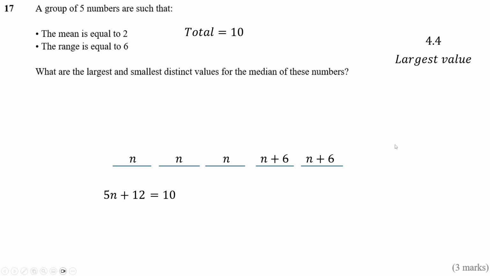And this one can't be n plus 7 or n plus 8 to give it a larger share, therefore giving n a smaller share, because it has to be smaller than this one here, and this one has to be at least n plus 6. I hope that makes sense. And as you get 5n plus 12 equals 10, so 5n equals minus 2, n equals minus 2 over 5. And that's the median, and that's the smallest value for it.